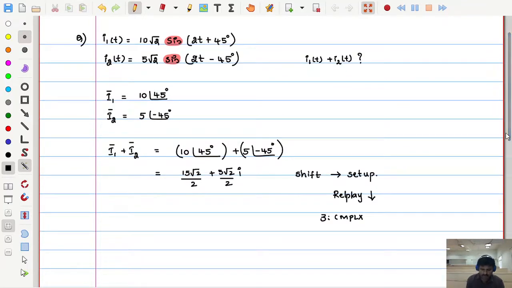If you choose 3, you will see the complex result can be in a plus bi or r at an angle theta. I am choosing r at an angle theta, so I am choosing 2.